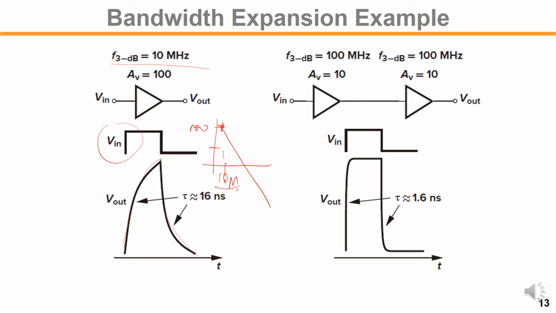But what if you cascade low passband gain stages, which is 10, but with larger bandwidth, like 100 megahertz? Cascading those two amplifiers, the overall passband gain would be 100, the same as before.